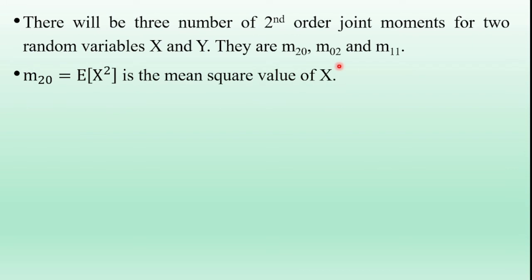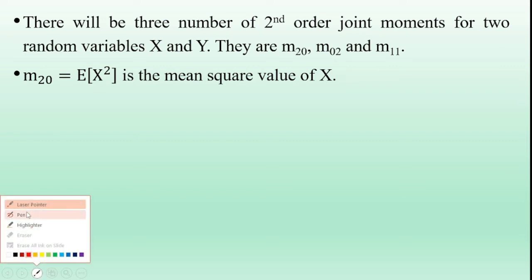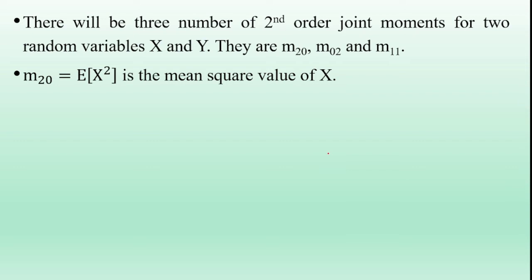So M20. And what is the general representation? The general representation of the n plus kth order moment is m suffix nk, which is equal to expectation of x power n into y power k.